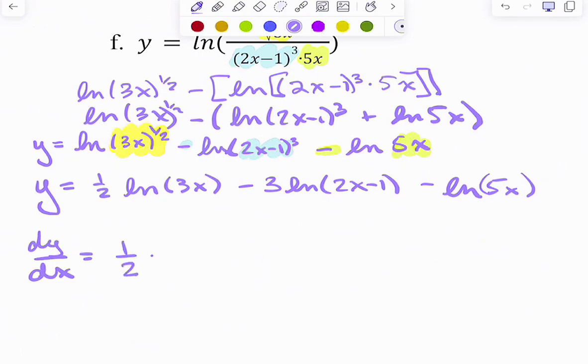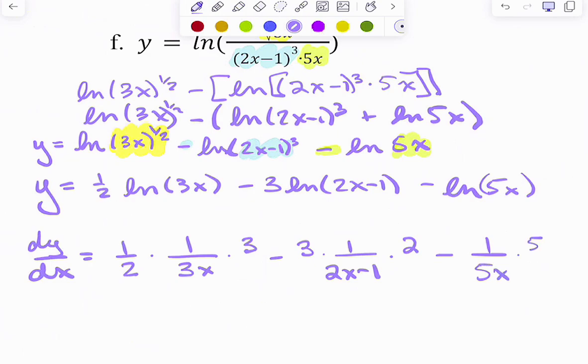The derivative of natural log is 1 over the inside times the derivative of the inside, which is 3, minus 3 times 1 over 2x minus 1 times the derivative of the inside, which is 2, minus 1 over 5x times the derivative of the inside, which is 5.